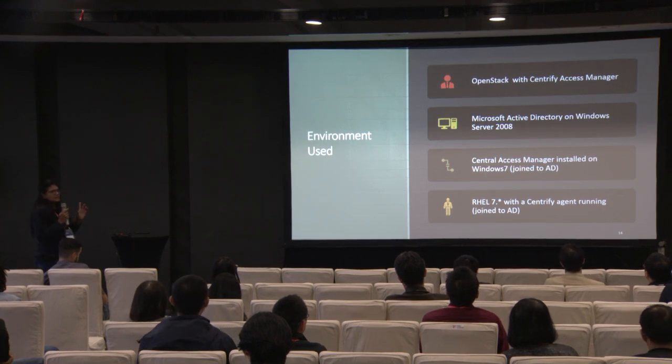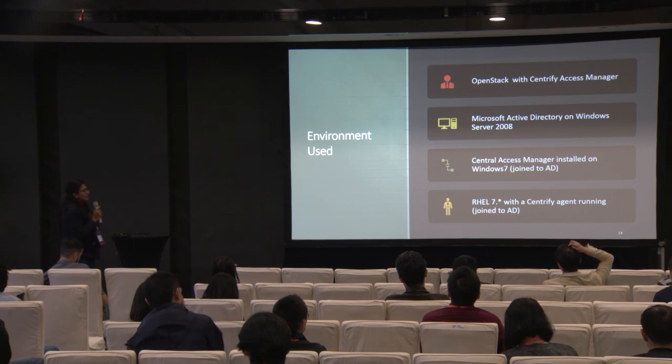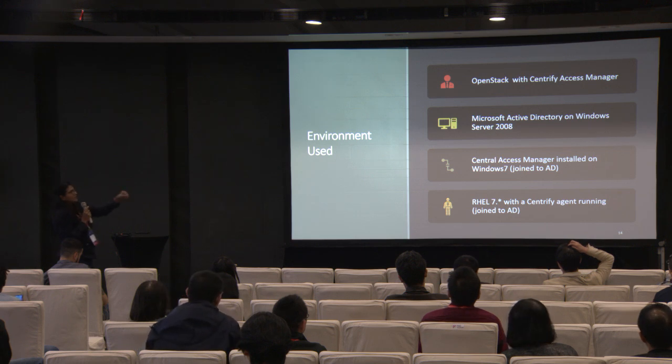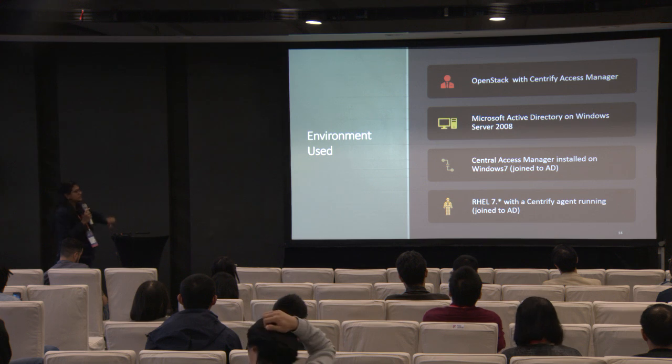Like I mentioned previously, the Centrify access server is a separate entity. It needs Microsoft Active Directory to be present. So we set up Microsoft Active Directory on a separate server, which is a Windows server. The Centrify Access Manager was also installed on Windows, and it was joined to the Active Directory, where Active Directory itself had the users and groups.